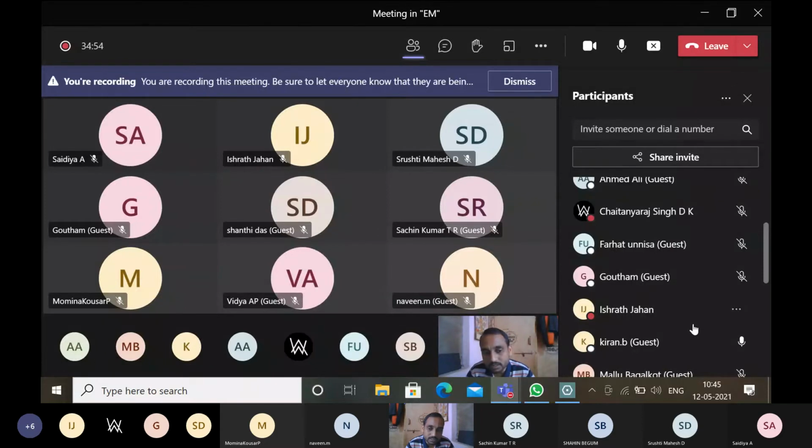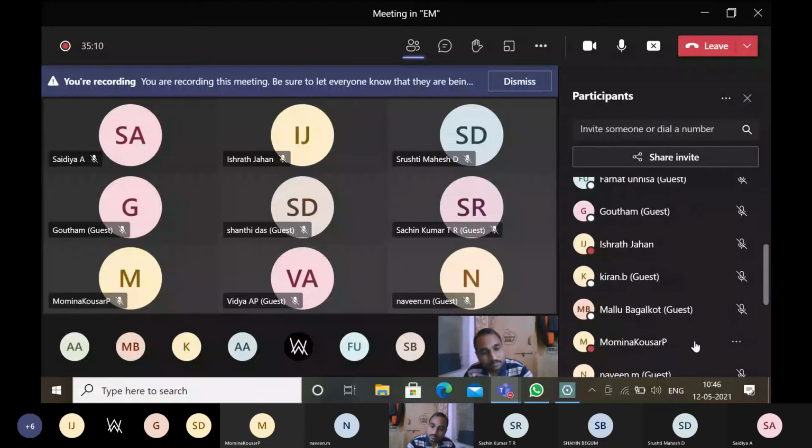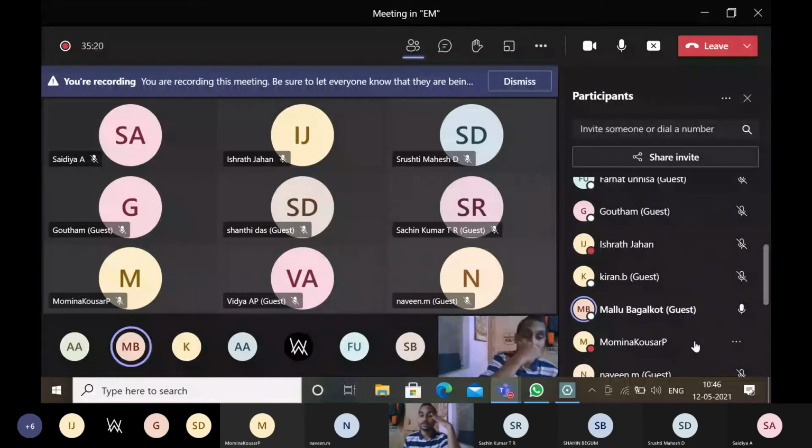How can you start the DC series motor? Don't know? Mallu Bagalkot. Answer my question.